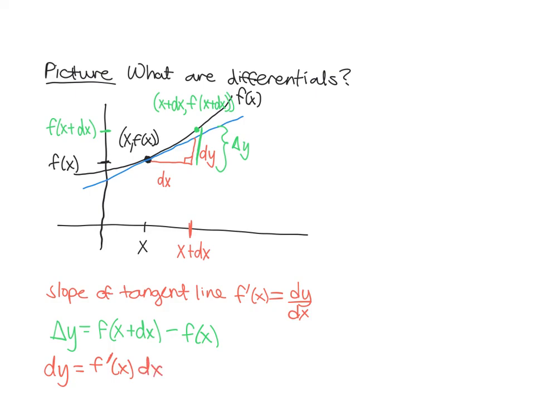So the point of this picture is that the change in y is approximately our differential dy. If you want to predict, for instance, how many French fries to buy in the future, we could estimate it with dy, some estimated value, and then delta y, the change in y, is the actual number of French fries that you did sell. So they're going to be approximately the same.